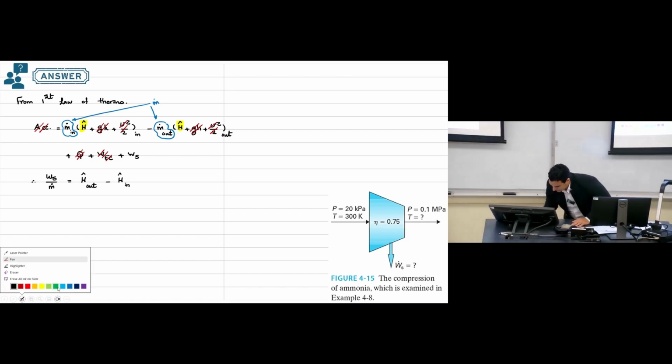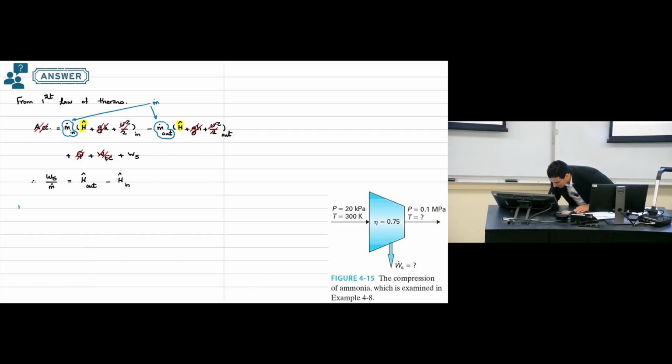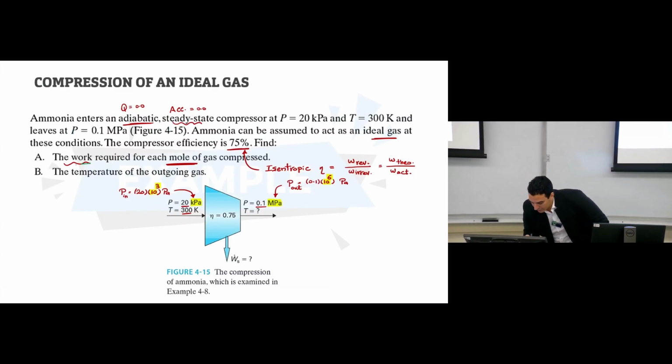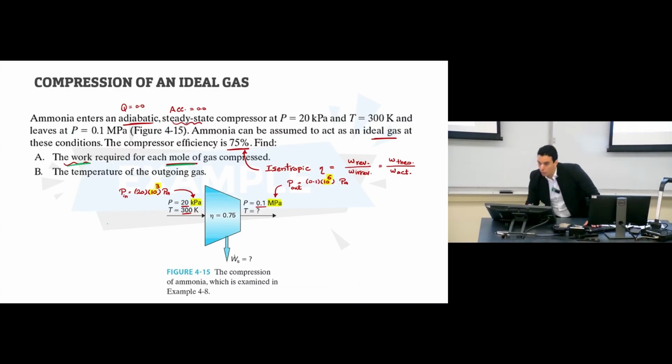But we need to know that here in the requirement, it's required to calculate the shaft work to compress one mole. So in the requirements, if you get back to the problem, it said we need to find the work required for each 1 mole.